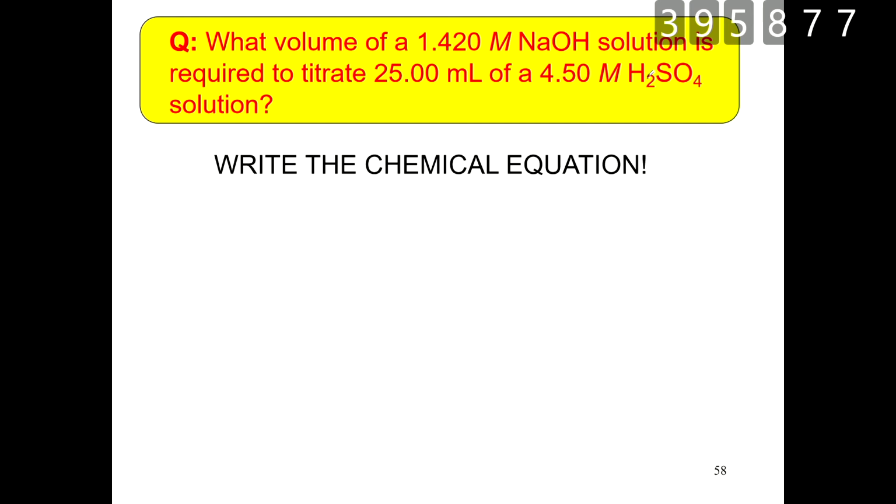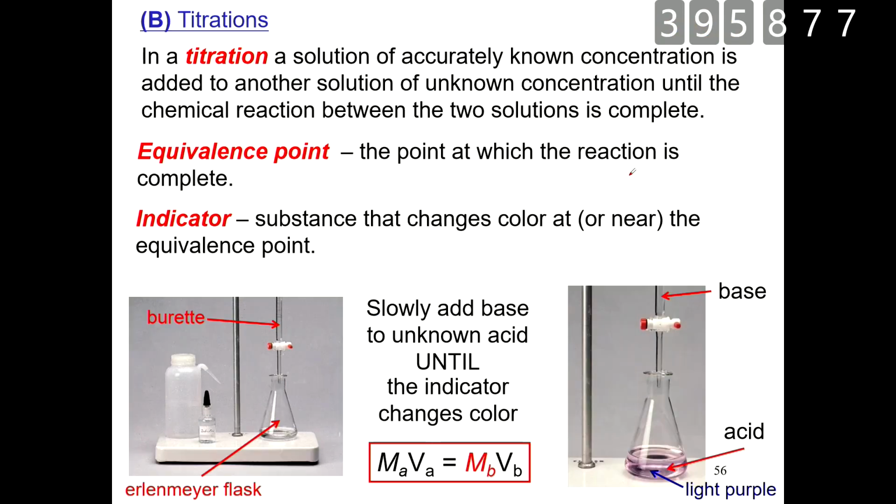So this is an acid-base reaction, right? A neutralization reaction. Firstly, we need to write the chemical equation, and then we can use MA VA equals MB VB.